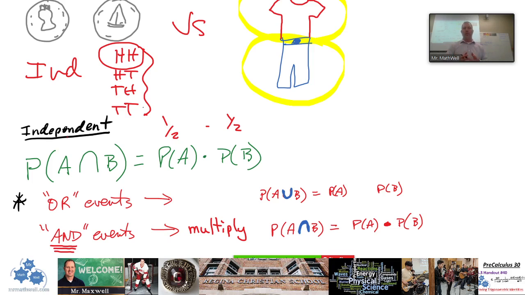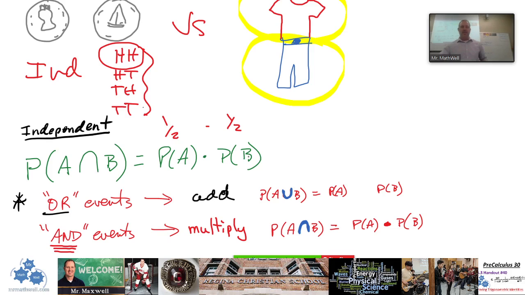And if we're talking about OR, what do we normally do with OR events? When we're trying to find either the number of events, or in this case, the probability, what do you think we should do? As opposed to multiplying, what do we do with OR? Add, right. Okay, so we'll add.